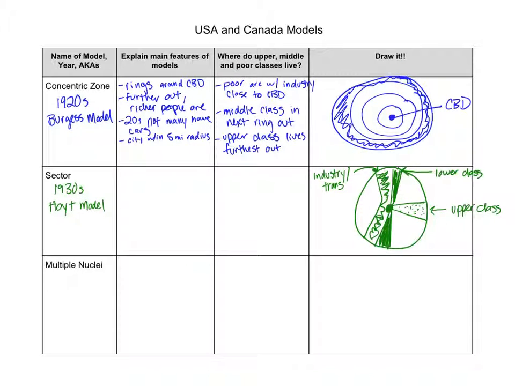Now, if we go back over to explain the main features here, we need to write that these grow out in sections, right? Sections that grow out from the CBD. Because this is still the 30s, not everybody has cars still, so this is still kind of a small radius for the city.